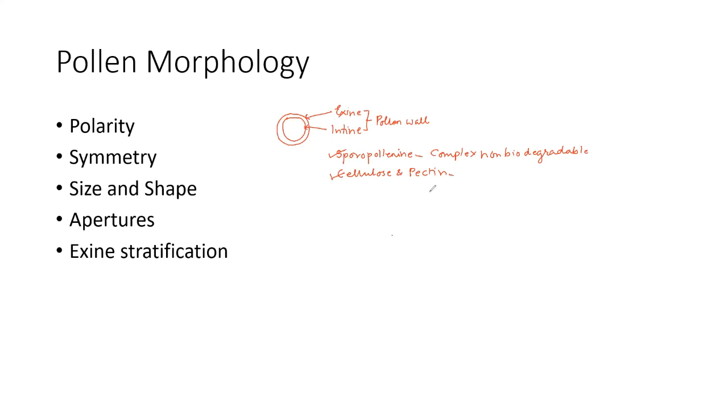But the pollen wall is very dynamic in the sense it is made up of different layers. Each one is further differentiated. So if I take exine and intine, the exine is further differentiated into two layers.